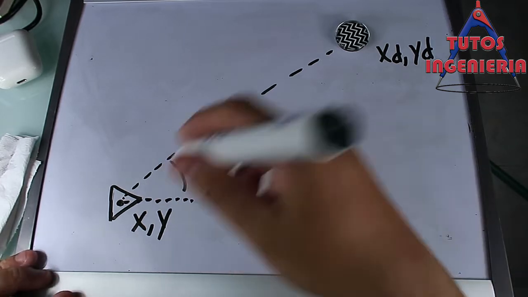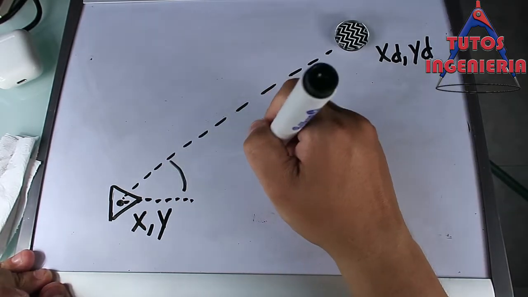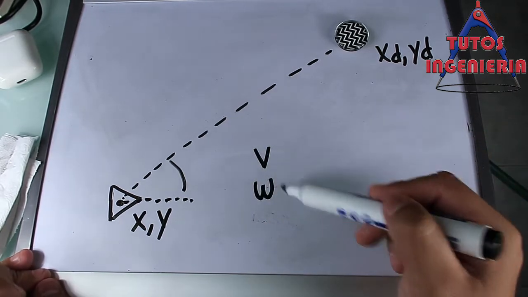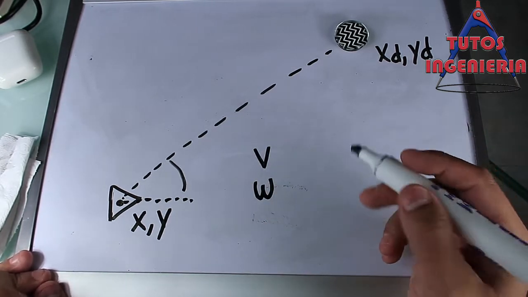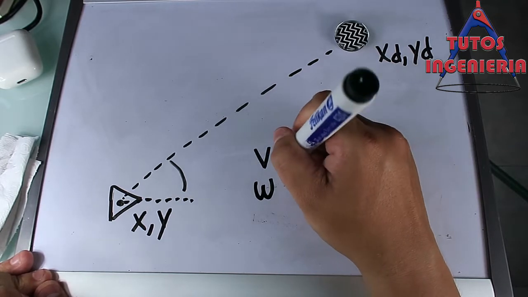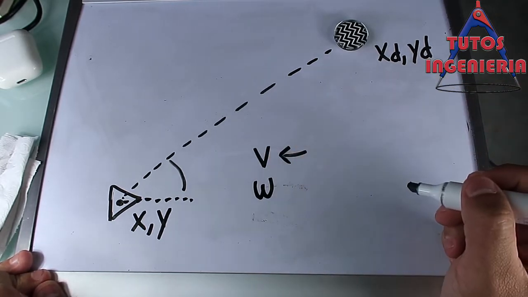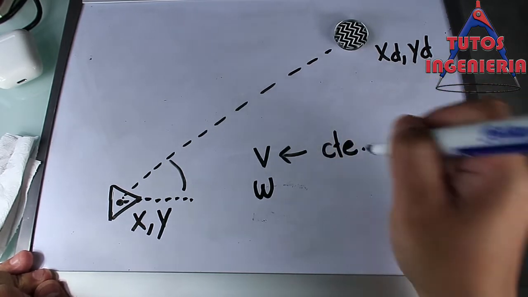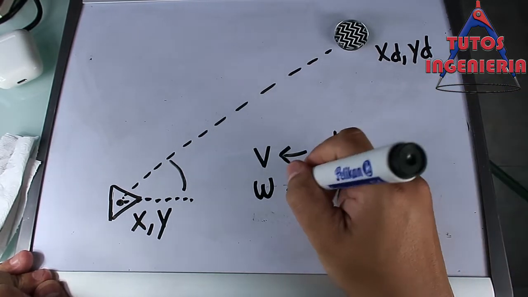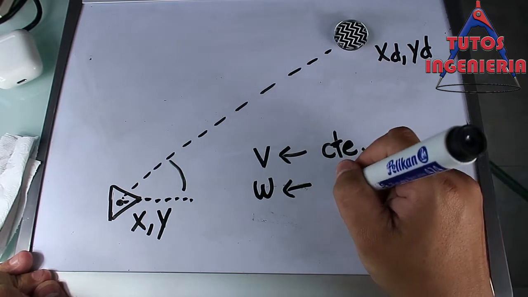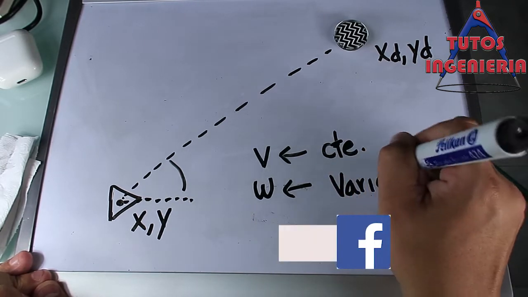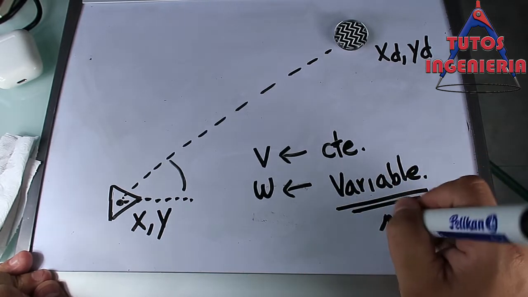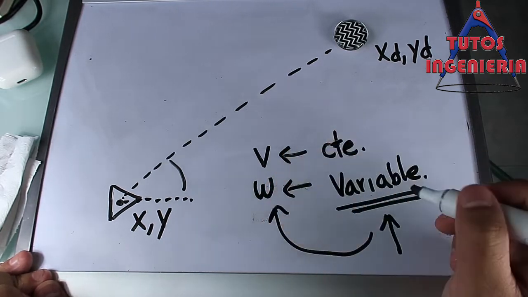Another important part of this video is that we have to control a variable. And we have the linear velocity and the angular velocity. That linear velocity will be constant in this case. In this case, we don't control the linear velocity, but the angular velocity is variable. And that helps us to control our angular velocity.